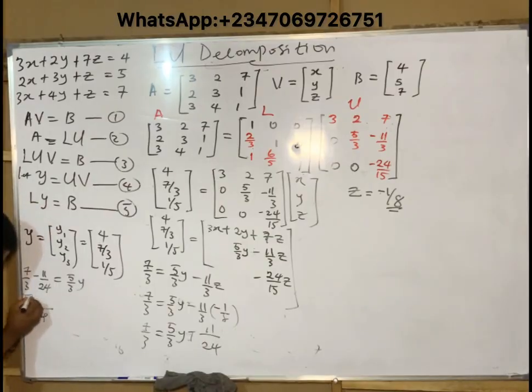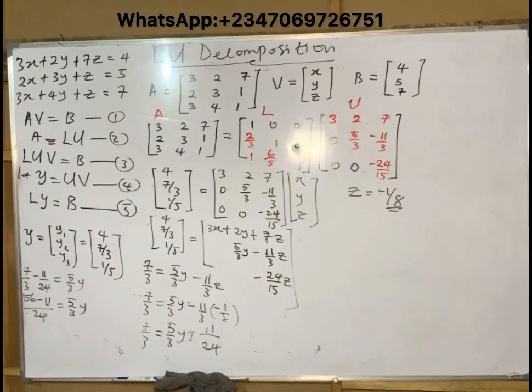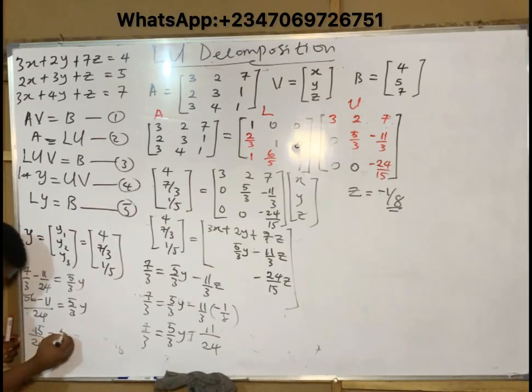So we have 56 minus 11 equals 5 over 3y. So 56 minus 11 gives us 45 over 24 equals 5 over 3y.